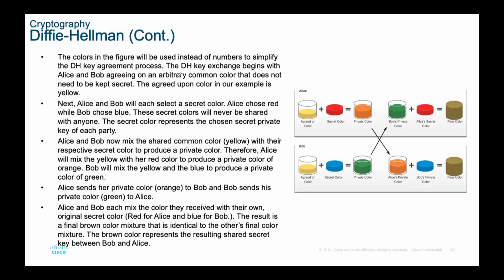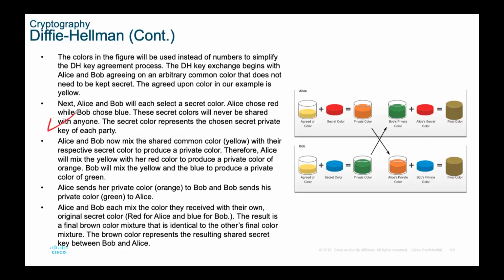The agreed upon color in our example is yellow. Next, Alice and Bob will each select a secret color. Alice chooses red while Bob chooses blue. This secret color will never be shared with anyone. The secret color represents the chosen secret private key of each party.